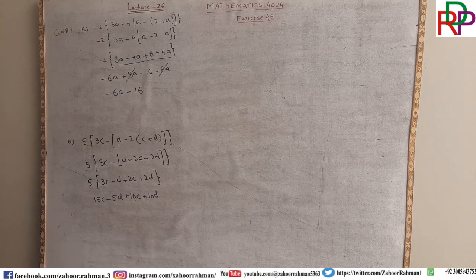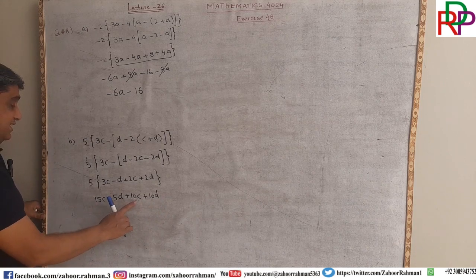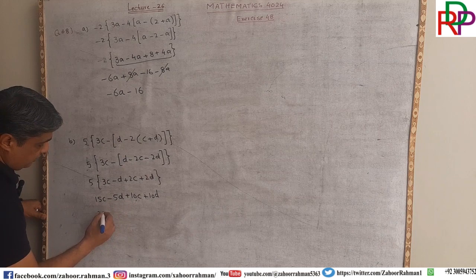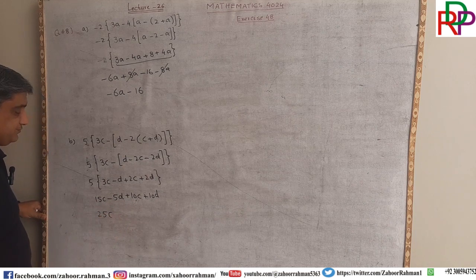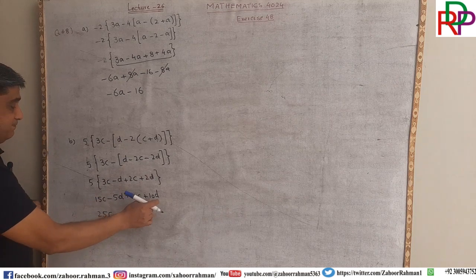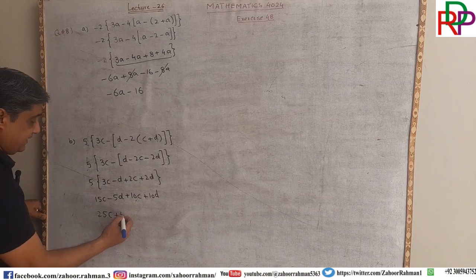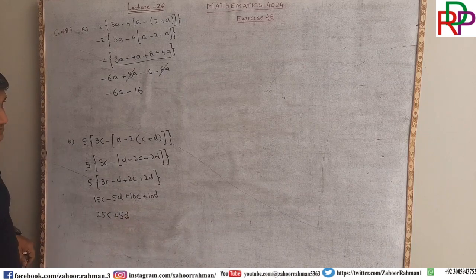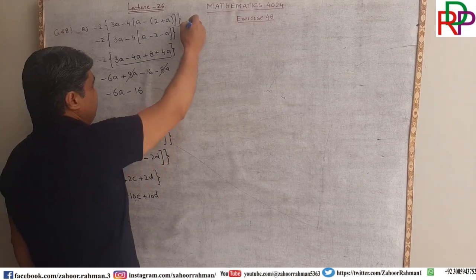Now we have to add corresponding values. 15c and 10c means 25c, and minus 5d plus 10d is plus 5d, and that is the ultimate answer.